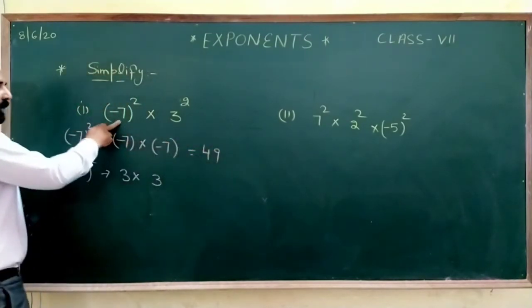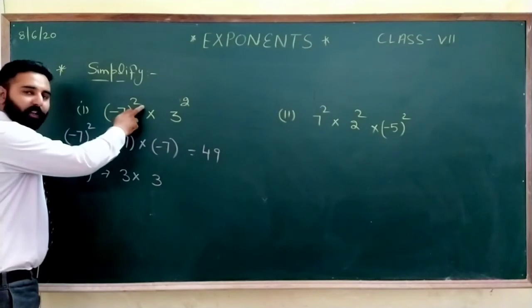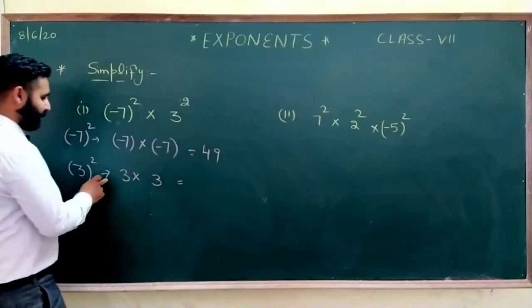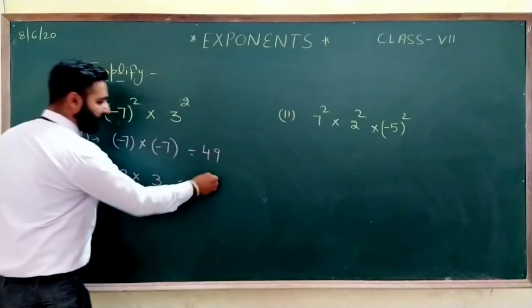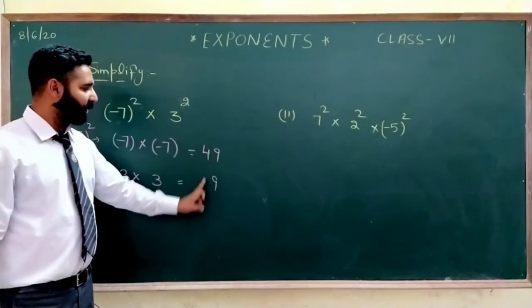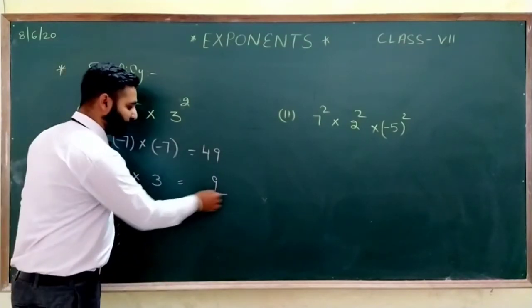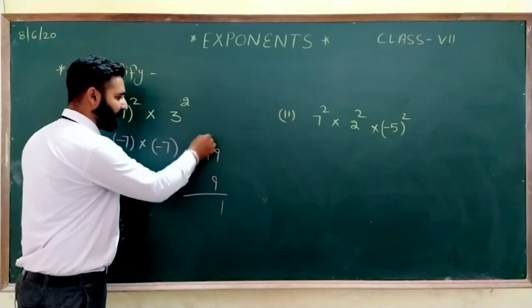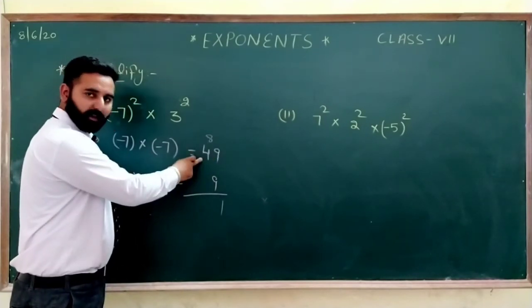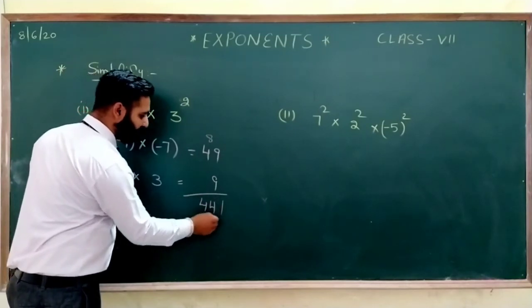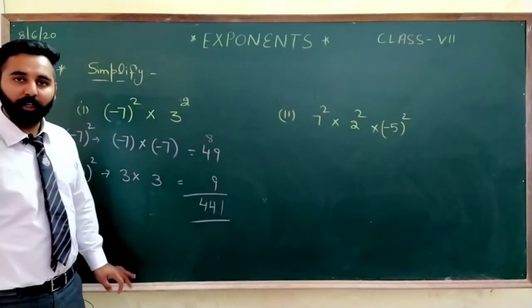As I told you, negative base but even power, so the minus sign will get cancelled. Here 3 into 3, 9. Again you have to multiply 49 with 9. So 9 nines are 81, 1, 8 carry, 9 fours are 36, 36 and 8, 44. So the answer will be 441.